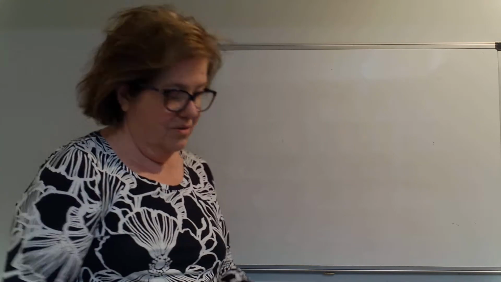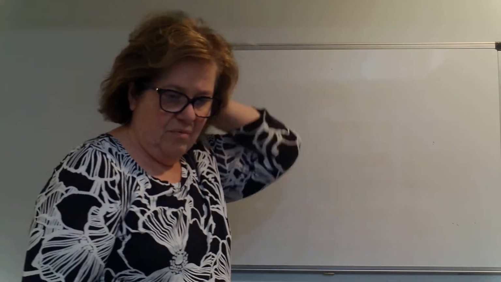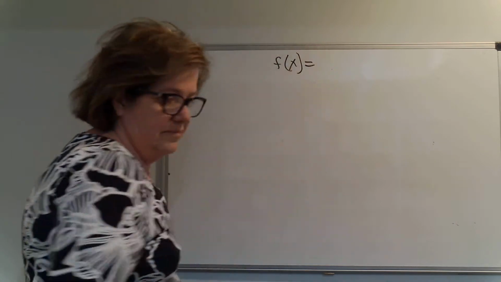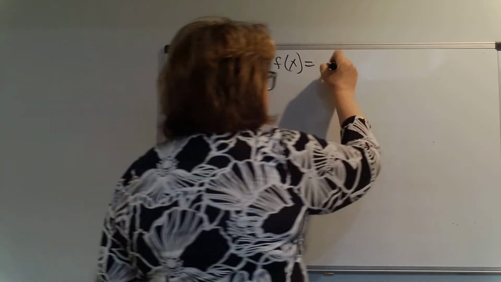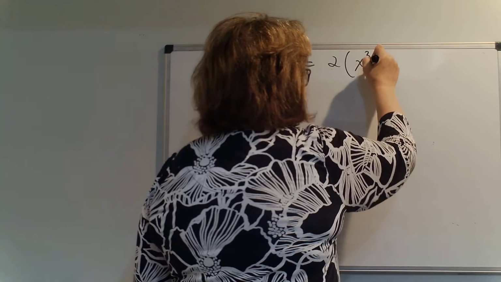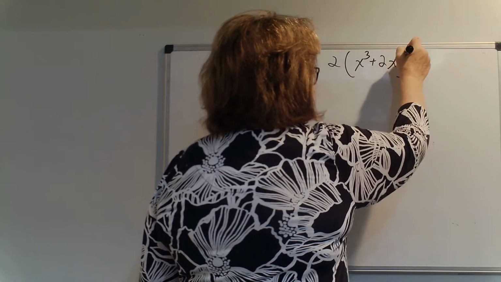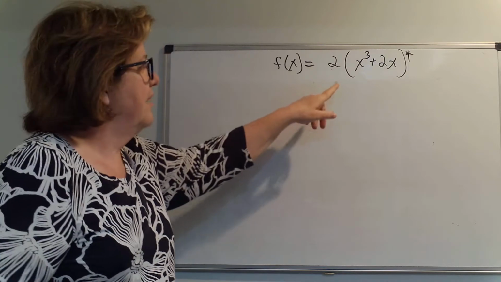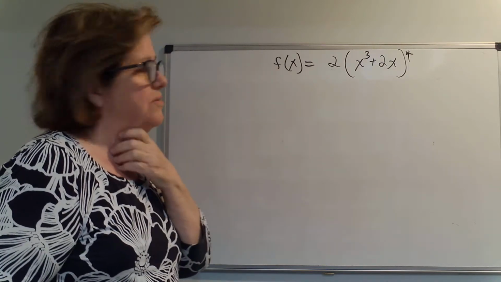Okay, so now, what if we have a function like this? Let me pick a good one. So let's say we have a function like that, x cubed plus 2x to the 4th.